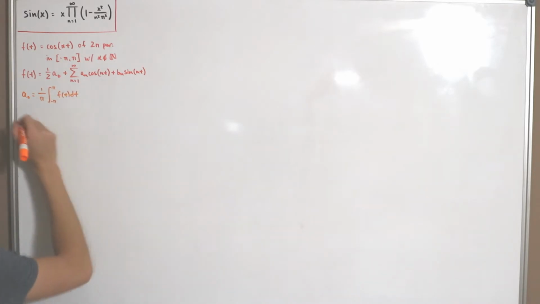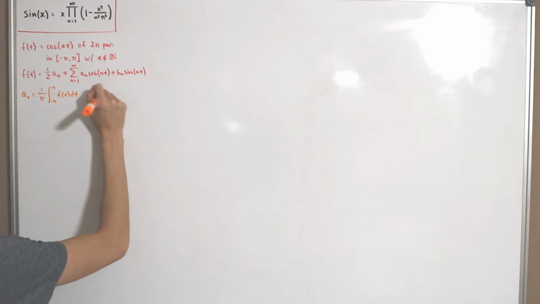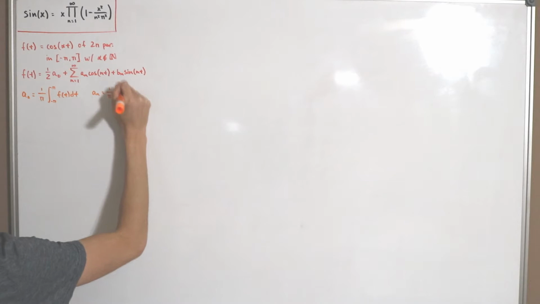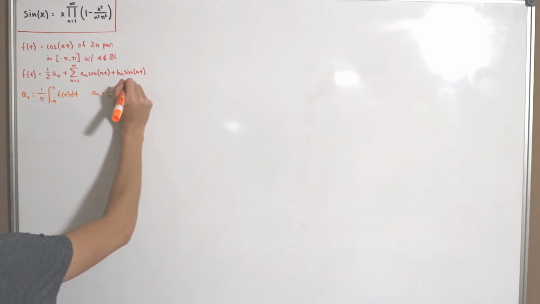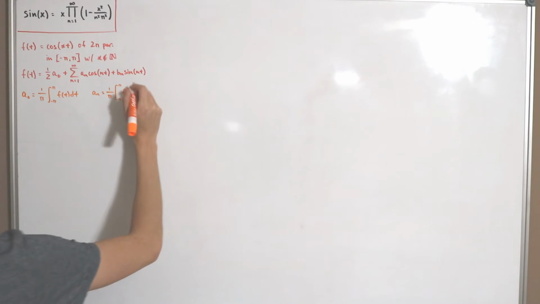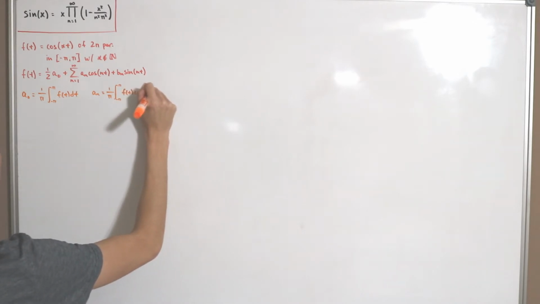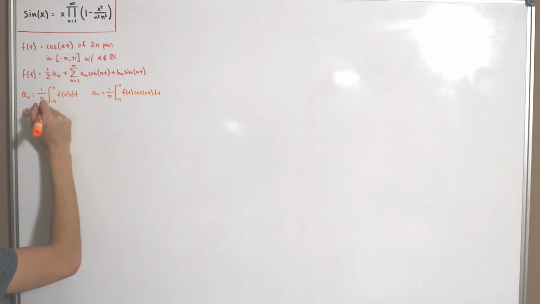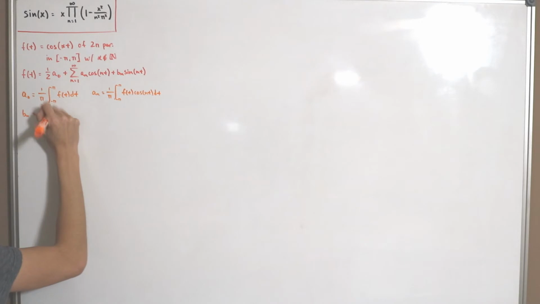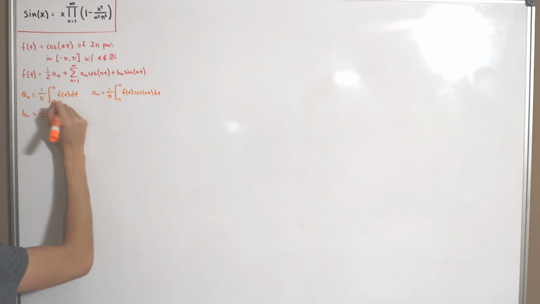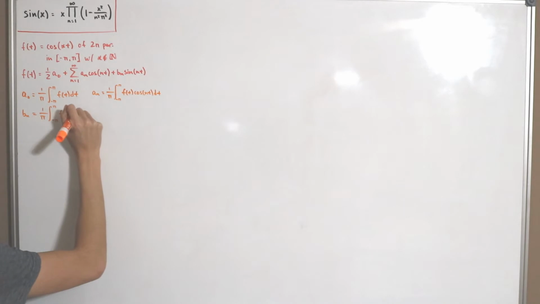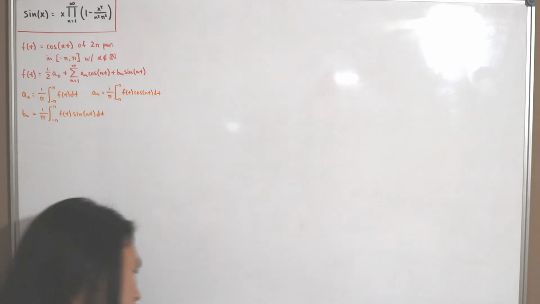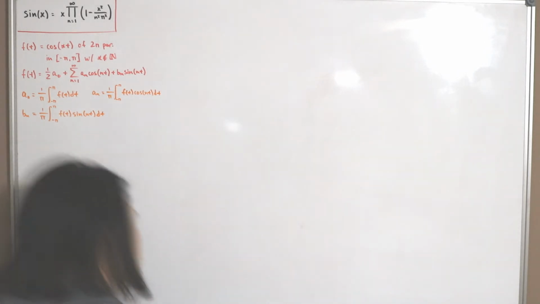Over here we have a sub n, which is equal to 1 over pi times the integral from negative pi to pi of f of t multiplied by cosine of n times t dt. And last but not least, b sub n is equal to 1 over pi multiplied with the integral from negative pi to pi of f of t multiplied with sine of n times t dt.